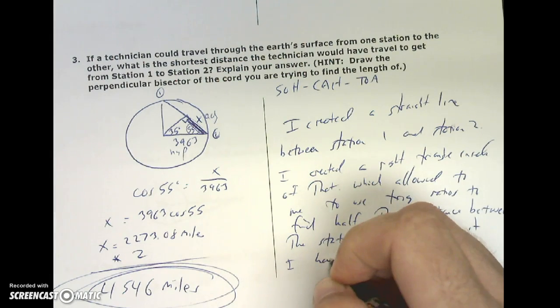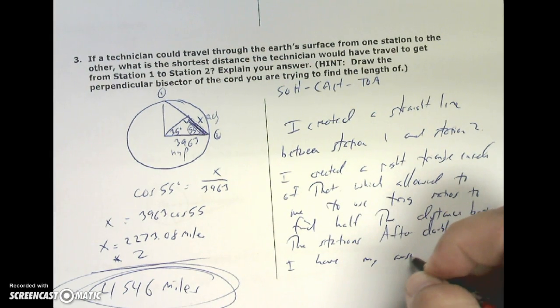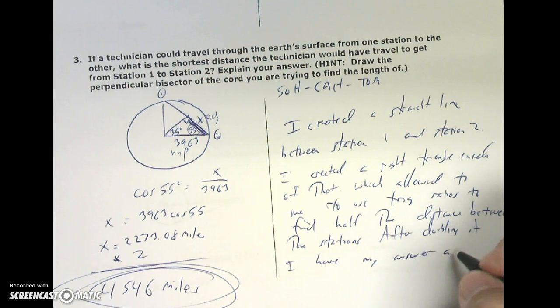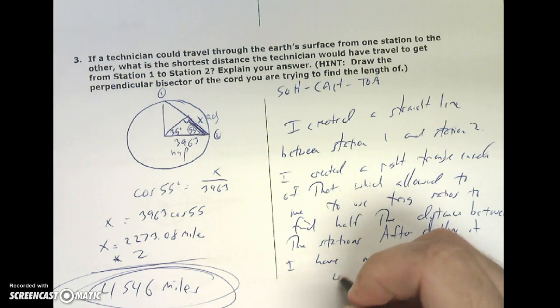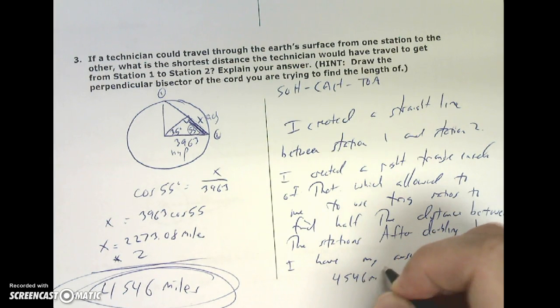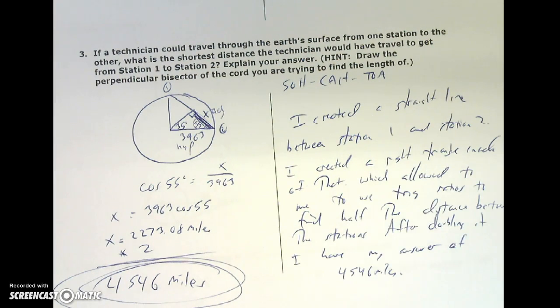I have my answer of 4,546 miles. Okay? Awesome. So, a little bit of Pythagorean theorem here, a little bit of trig ratios.